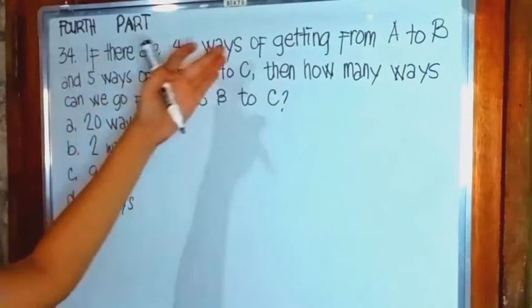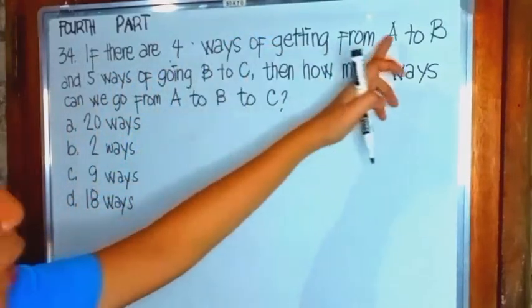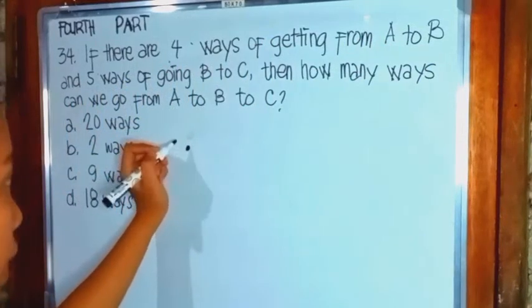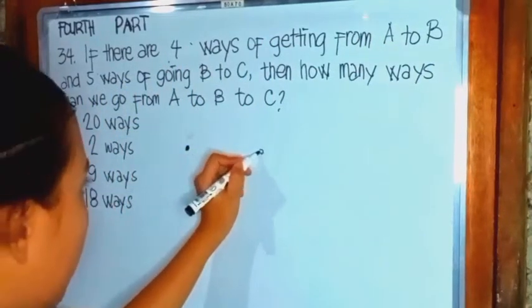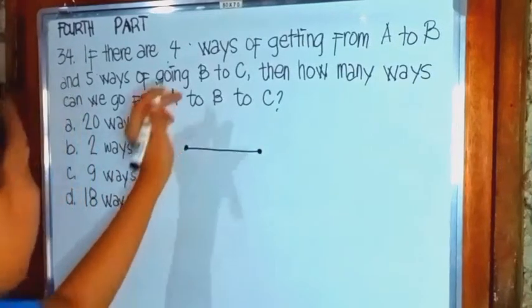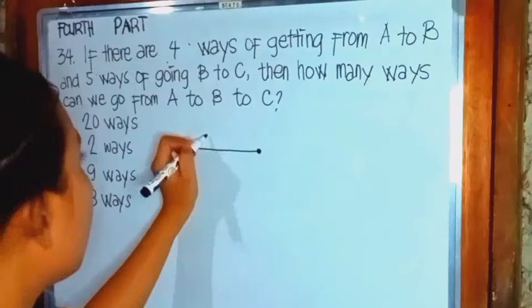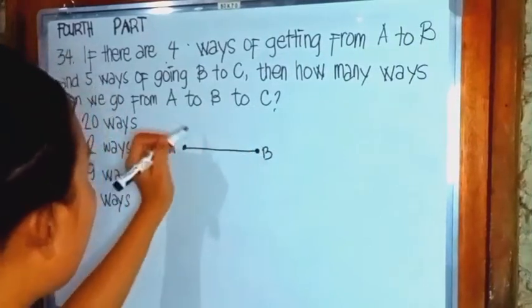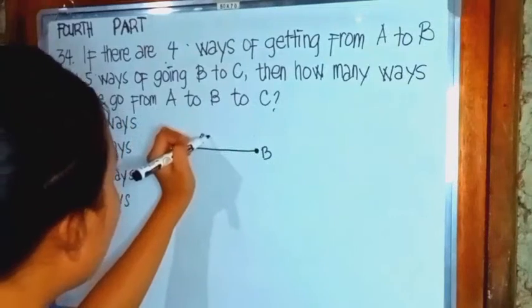If there are 4 ways of getting from A to B, say this is point A and this is point B, so there are 4 ways.